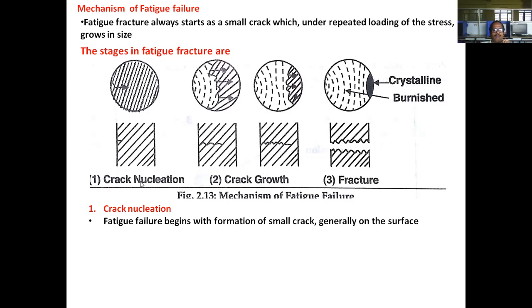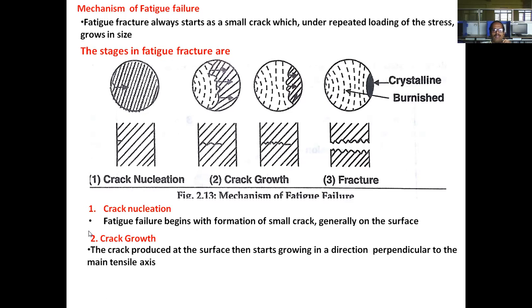Then once the crack is initiated or nucleated, it starts propagating in the direction perpendicular to the direction of the tensile axis. Tensile loading is applied in this direction, up and down, and the crack propagates perpendicular to the axis of tensile loading.